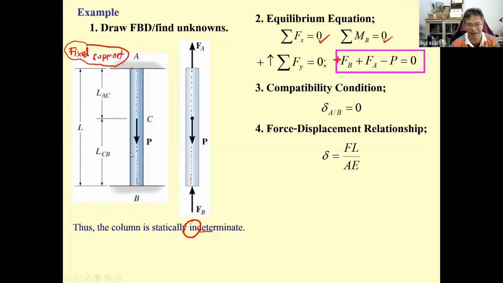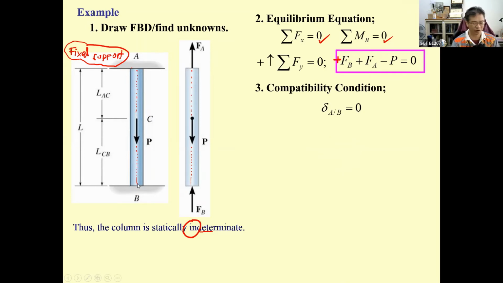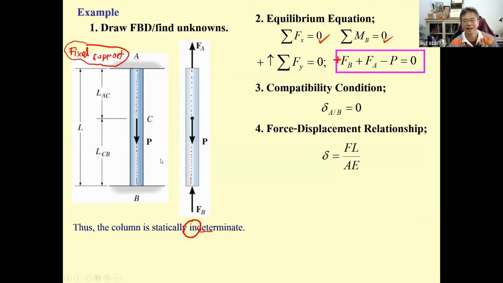Just draw it. You can see since A and B are fixed, there is no movement. My finger cannot move. Only the column can move. Okay, and then you got to draw this one.